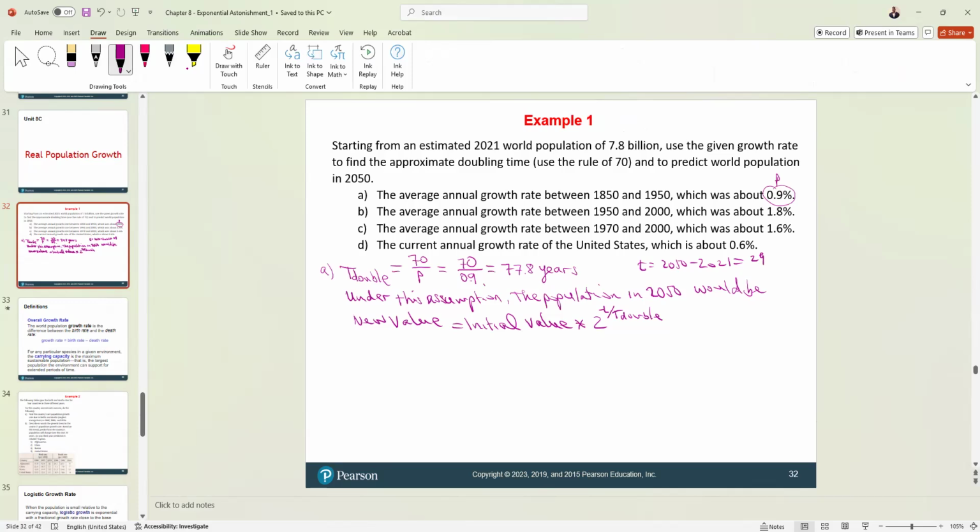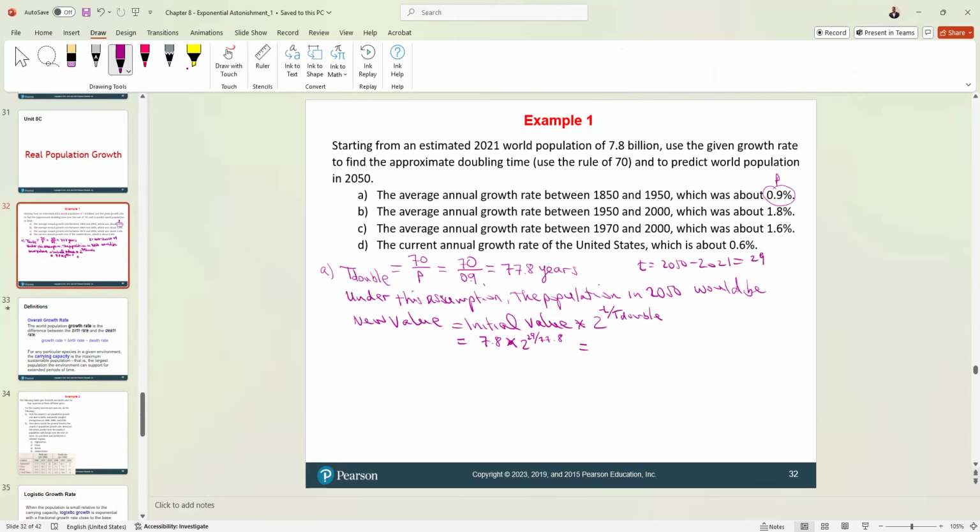So what is the new value? The initial value from 2021 is 7.8 times 2 to the power of 29 over the doubling time, which is 77.8. Okay, 77.8.